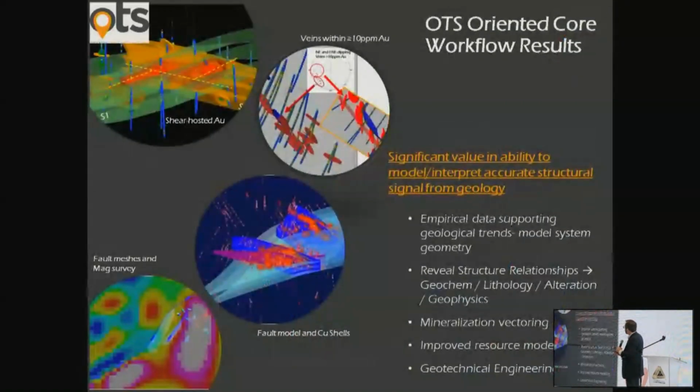So the end result with this workflow is, if we're able to get a good accurate signal from the rocks and just listen to that and have the ability to model it, there's a lot of value in that. We're getting empirical data that's actually showing us the geometry of these systems that we're targeting.